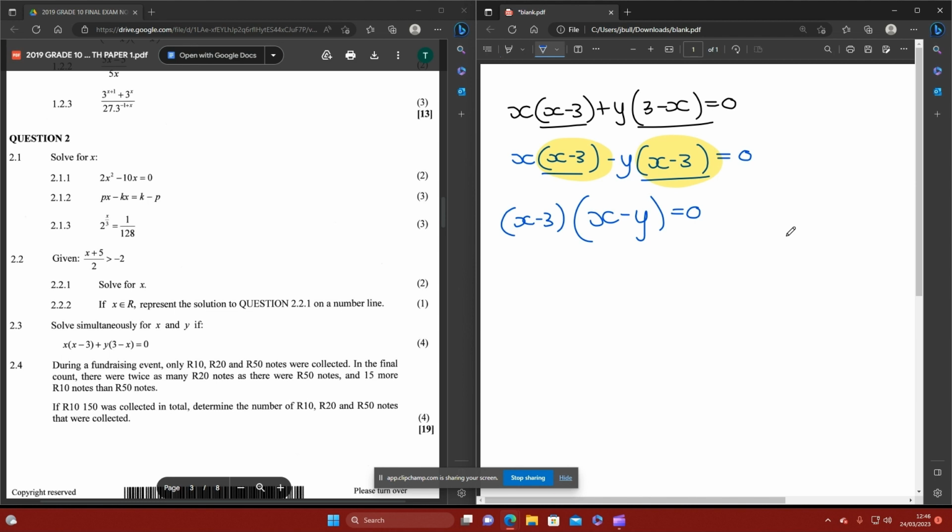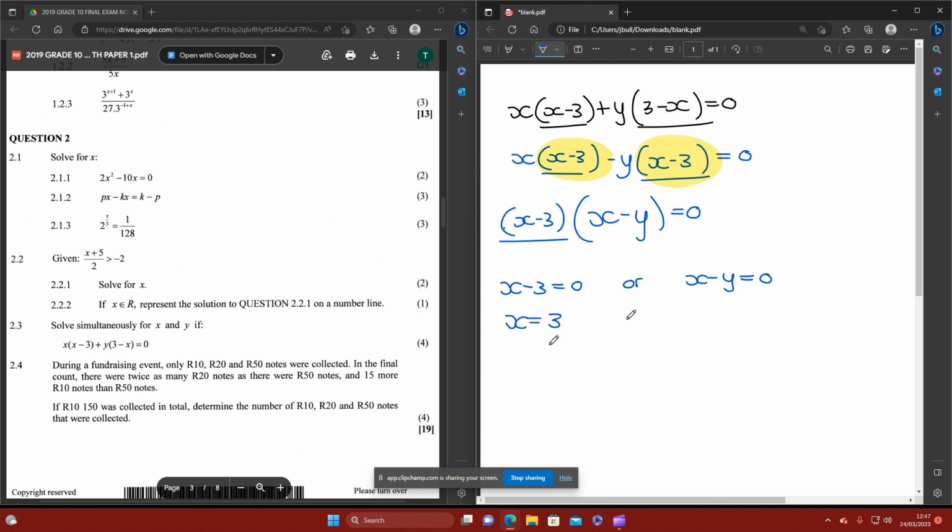This has helped us a lot because it's gotten us to this form where, as we said before, if something times something is 0, then one of these has to be 0. So either the first bracket is 0, so x minus 3 is 0, or the second bracket is 0, so x minus y is 0. If the first bracket is 0, then x is equal to 3.